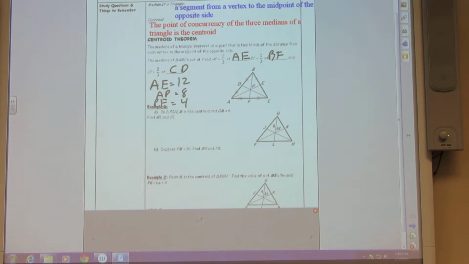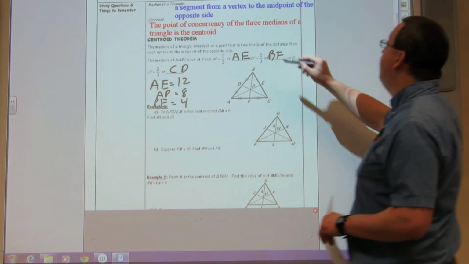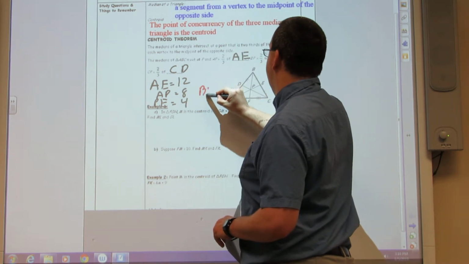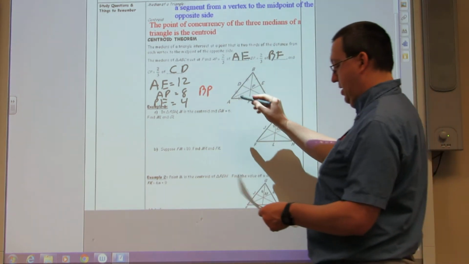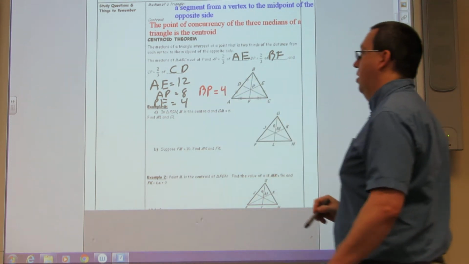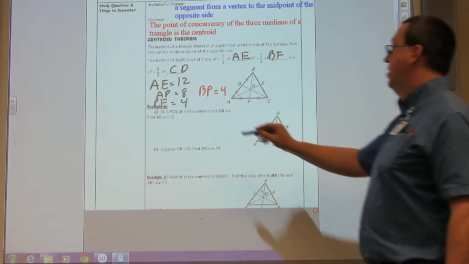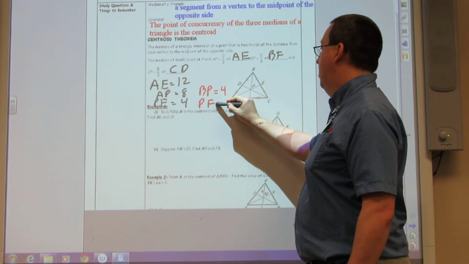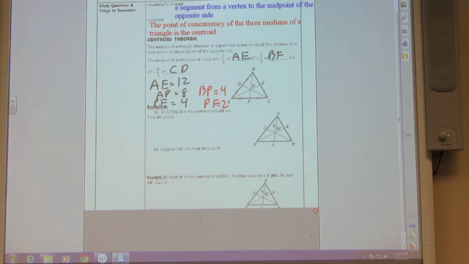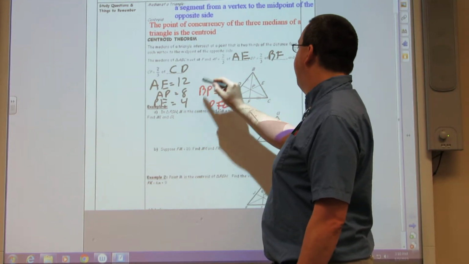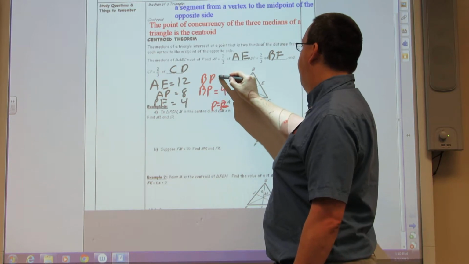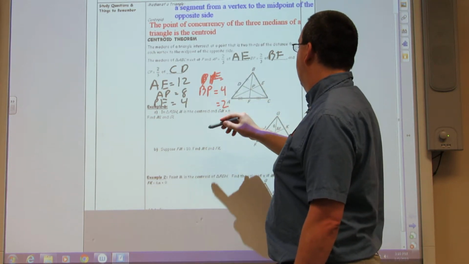So if I would give you that BP, which is the 2/3 part, is 4, to find PF, the 1/3 part, I just cut in half. To get the whole thing, I can add those 2 together, which is probably the easiest thing to do, or I can multiply PF by 3.